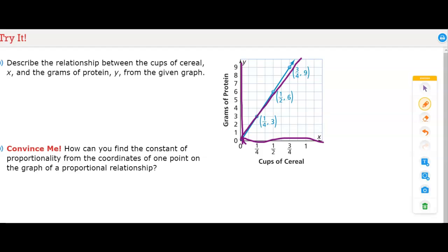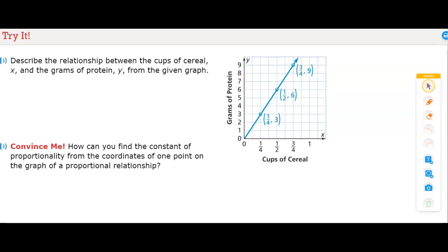But they want us to explain this relationship. So let's see that k is our constant, when we talked about that last lesson. So let's take a look at the graph here.